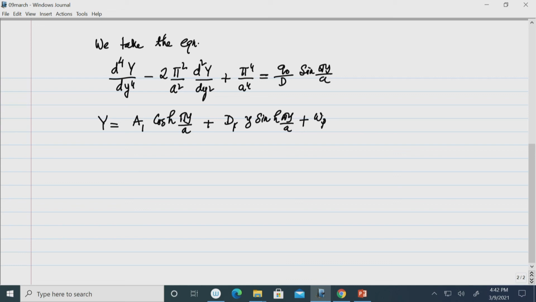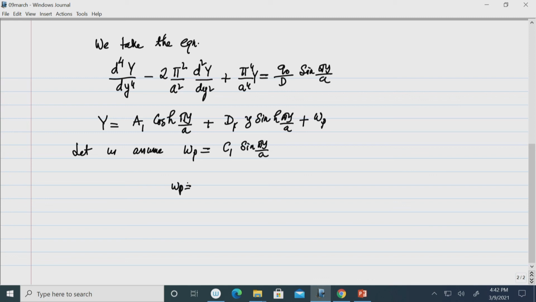This is y. Now, because the forcing function is again a sinusoidal function, let us assume the particular integral as some constant C 1 sin pi y by a. Now, you can see that after substituting this value here, this particular integral will appear as a very simple term.